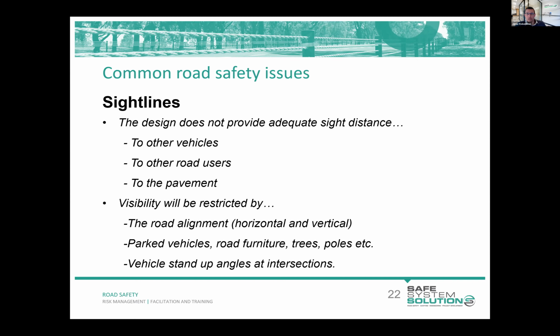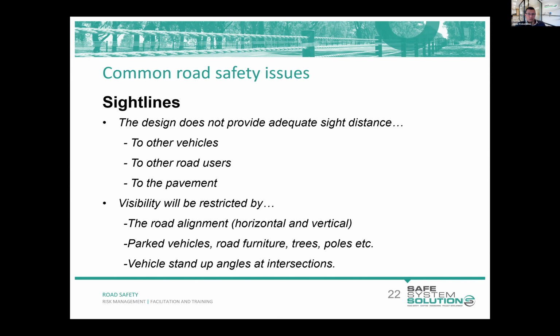It's sometimes the case that our sight distance requirements are restricted, and that can occur due to the road geometry. Horizontal curves with objects on the inside of the curve can limit sight distance. Vertical curves, crests particularly, can limit sight distance. Near intersections, it's often the case that parked vehicles, utility poles and other pieces of roadside furniture can impede intersection sight lines.